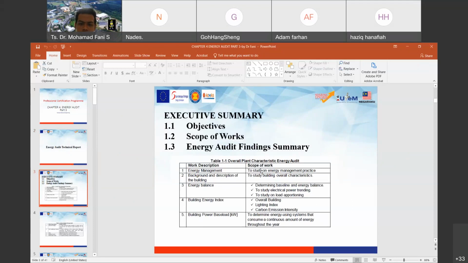So overall, plant characteristic, energy audit, and scope of work, and you can put a table over here to describe the work that has been done under the energy audit process. For example, energy management, background and description of the building, energy balance. So overall, the plant characteristic energy audit and the scope of work reflect the work description.